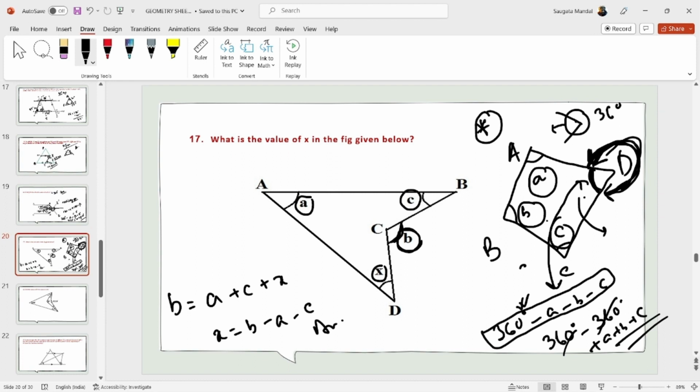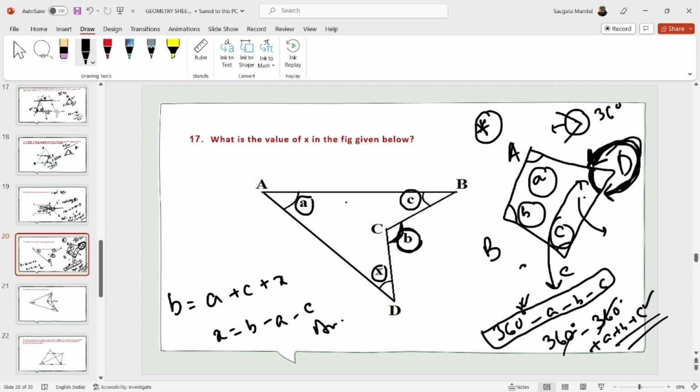That means 360 degrees minus 360 degrees plus A plus B plus C. That means the external angle of D is always the sum of the internal angles of the rest three angles.